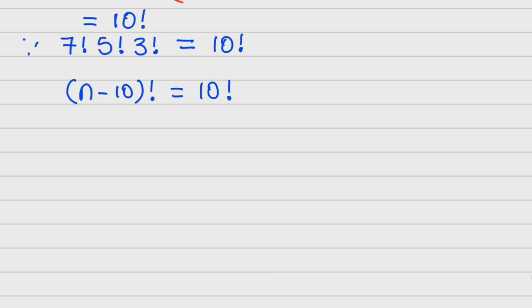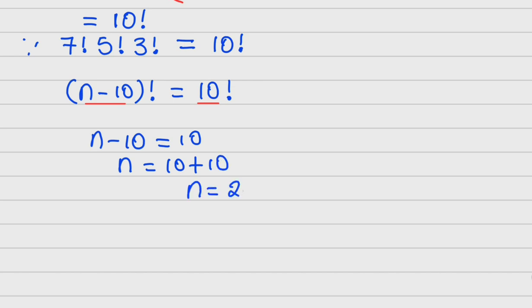Of course, by comparison, you can now find out that n minus 10 must be equal to 10. So n is equal to 10 plus 10. So my n is 20. That is the solution. That is our final answer.